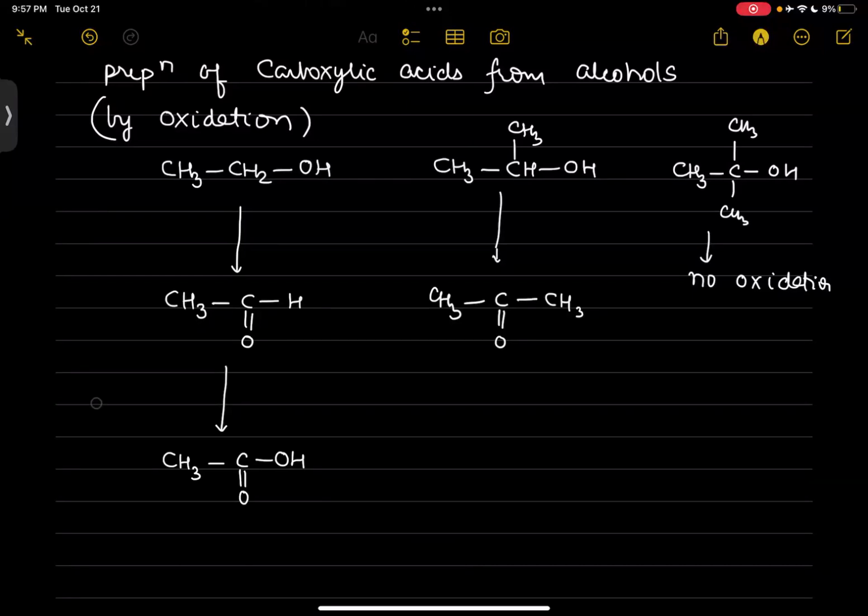Strong oxidizing agents can be used to convert the primary alcohol to carboxylic acid. Can anyone give me the name of strong oxidizing agents? What comes under strong oxidizing agent?